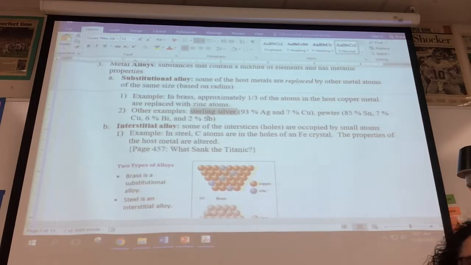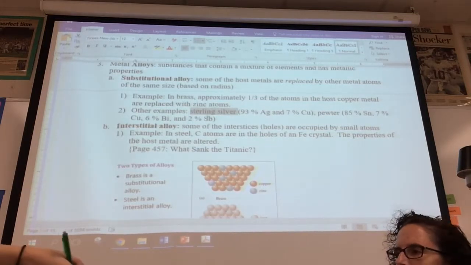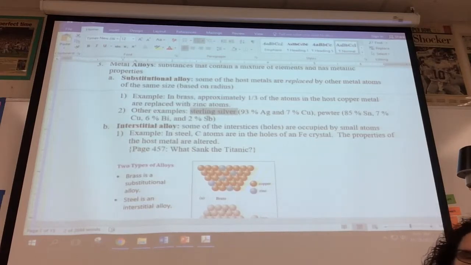What'd you get? This says the size and shape of the substance affect its conductivity. And silver's ions are larger. It says silver's ions are larger, but that doesn't make any sense.